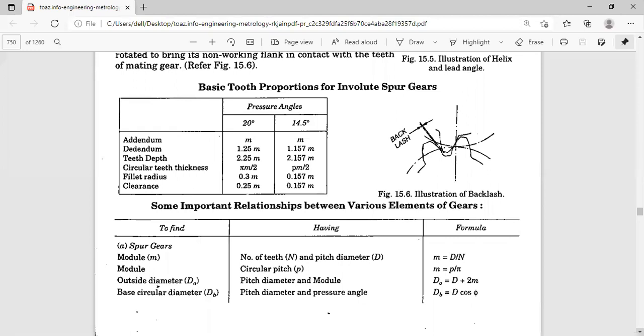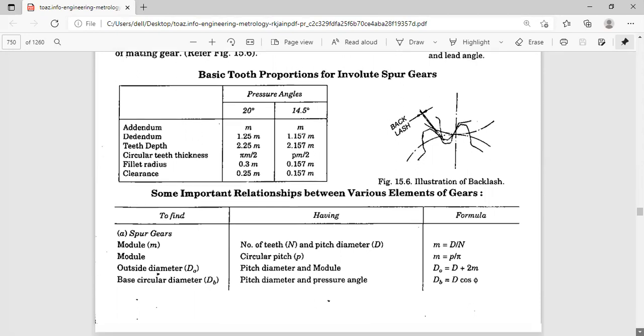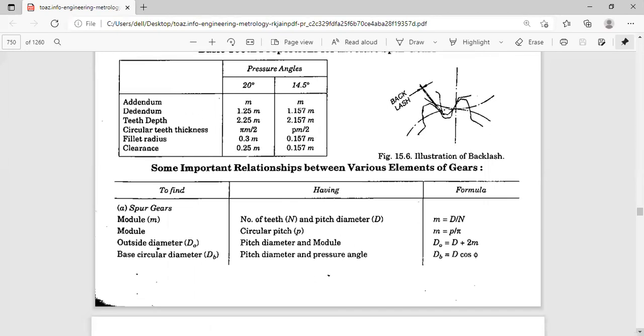So fillet radius is 0.3 m in the case of 20 degrees. Just try to see the standard values. As far as the relation between various elements of gears, you have the module. The formula is the pitch circle diameter by number of teeth, and the circular pitch is given by pi m.